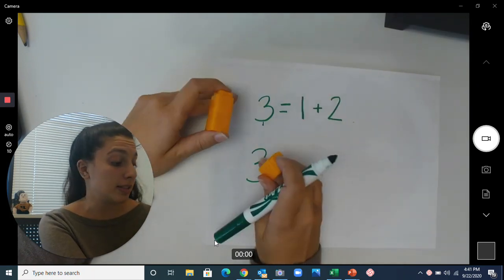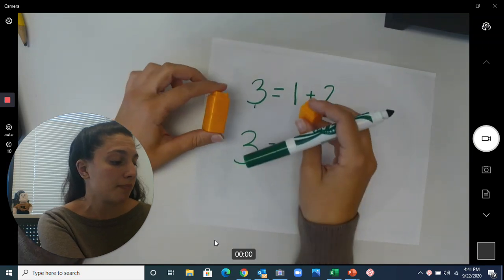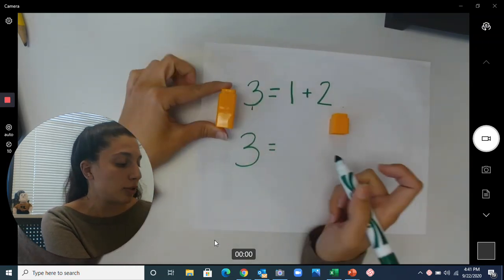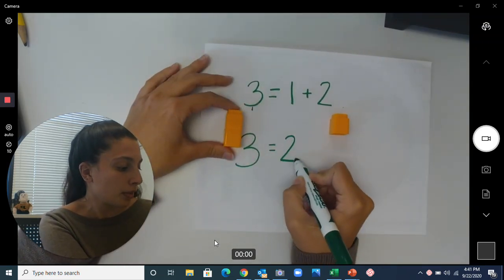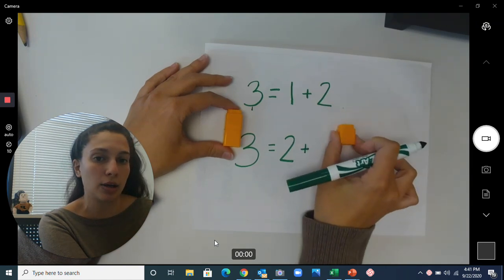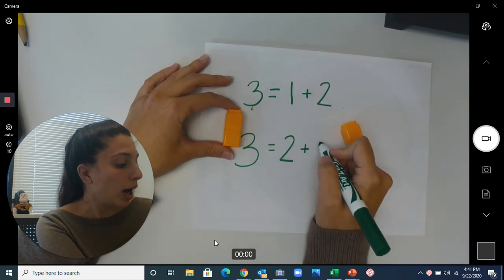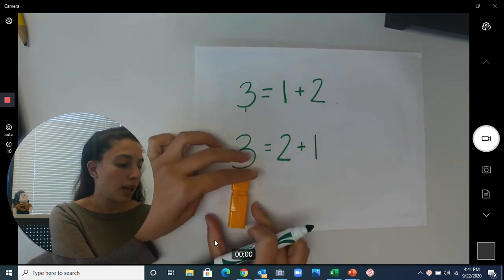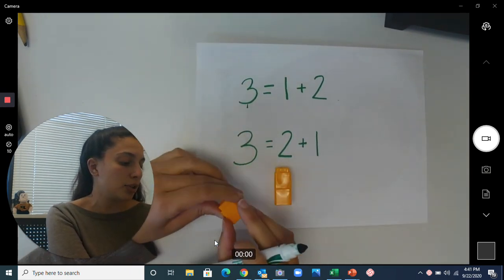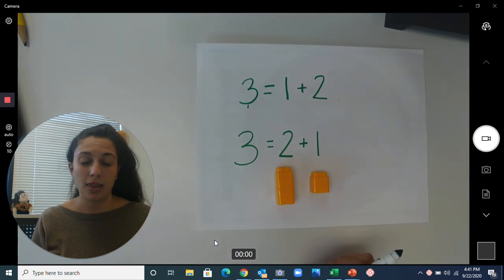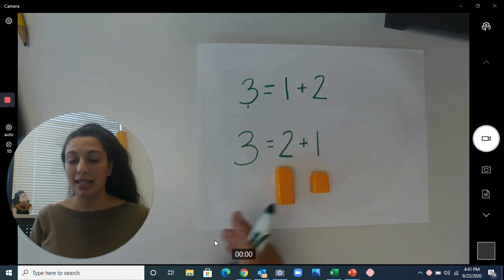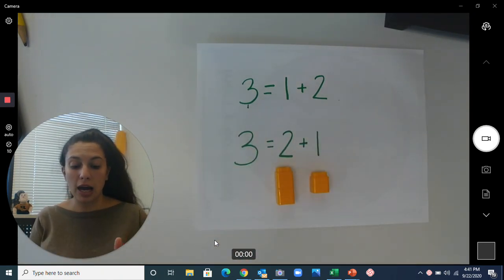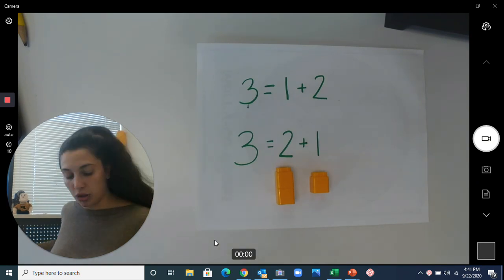No. So I still have my 3, except now I have a tower of 2 and I have a tower of 1. So this is like if I had a tower of 3, it is the same as having a tower of 2 and a tower of 1. That's what this number sentence means. So none of that has changed.